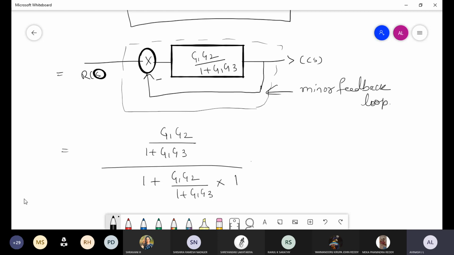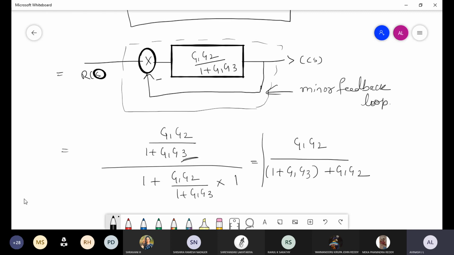So now this particular thing, if you reduce, it will become G1 G2. Okay, the denominator, I am going to remove this one because I will take the LCM. So LCM means the denominator and denominator get cancelled, and here I will get a multiplication factor 1 plus G1 G3 plus G1 G2. Clear?